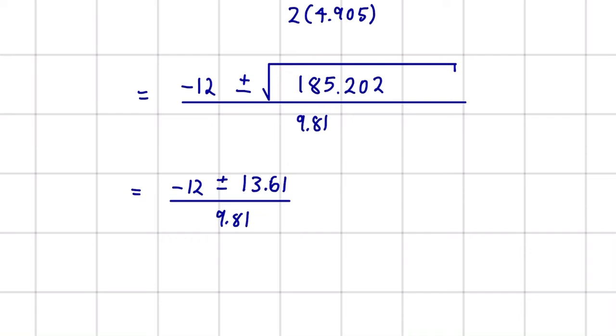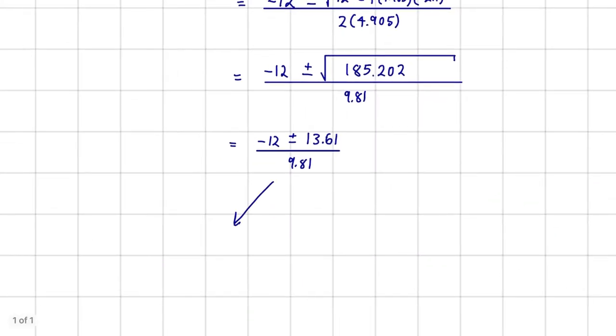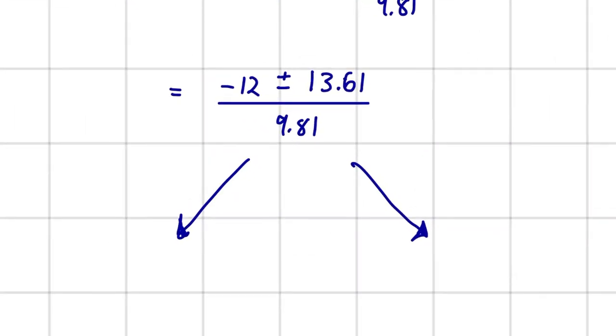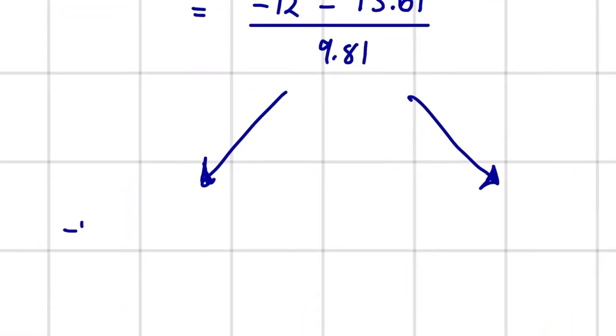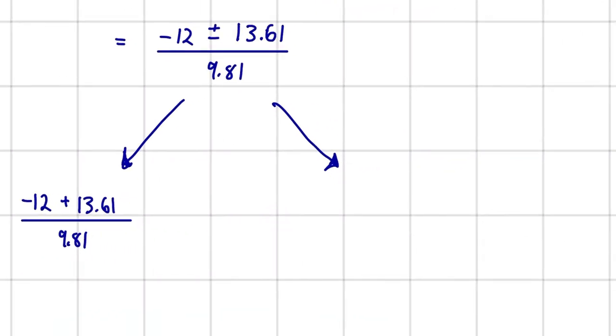And this is the part where our answer splits into 2 options. We get 2 different possibilities because we have the plus or minus here. So one answer is going to be negative 12 plus 13.61 over 9.81, and our other answer will be negative 12 minus 13.61 over 9.81.